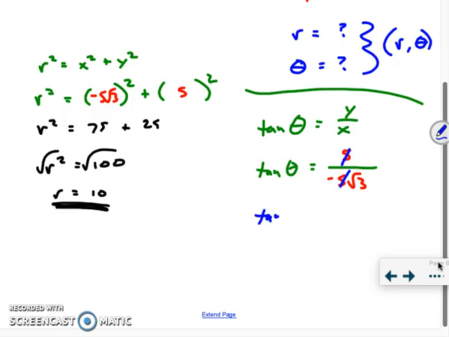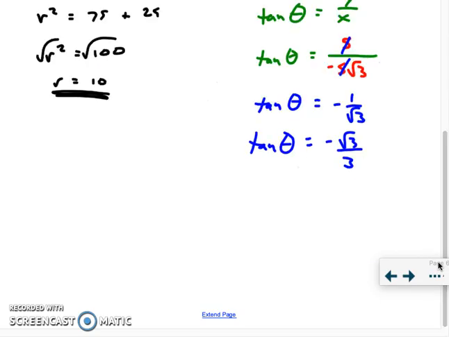The 5s are out. So we can say that the tangent of theta is really equal to, I'm just going to bring the negative out front, 1 over √3, which we might see a little bit easier if we rationalize as -√3 over 3. Again, it's debatable whether that last step was necessary, but we're going to say that theta is equal to the tangent inverse of -√3 over 3.